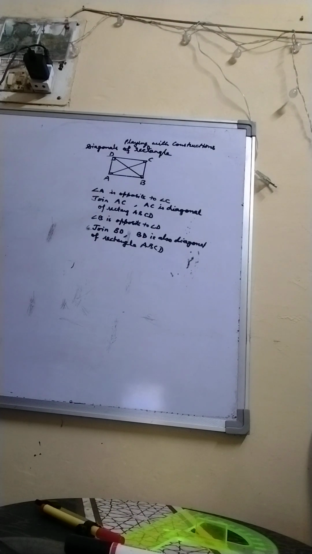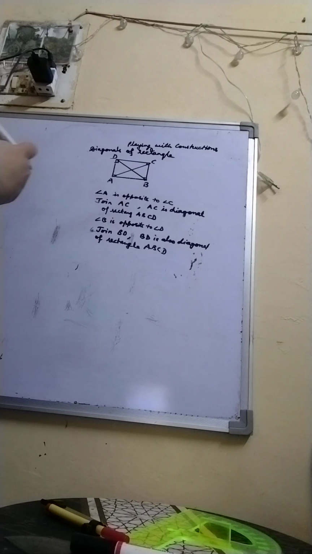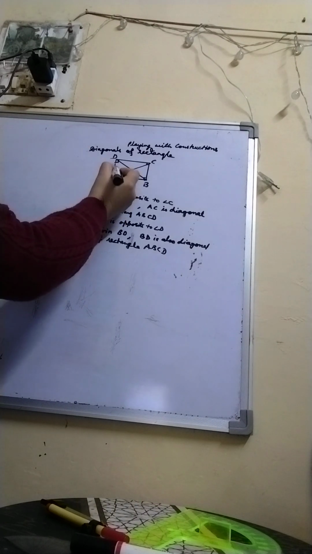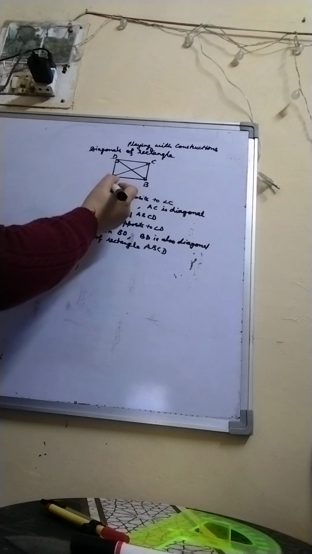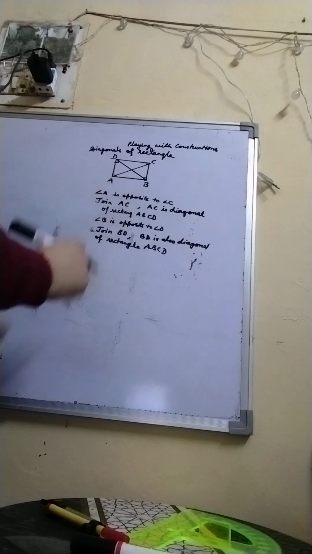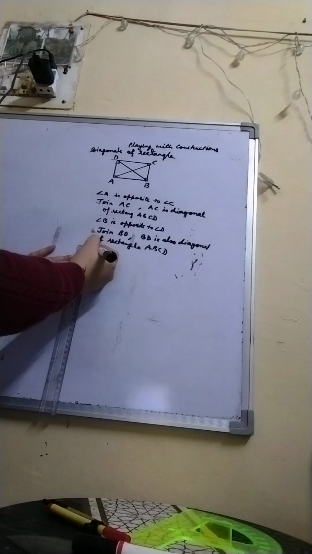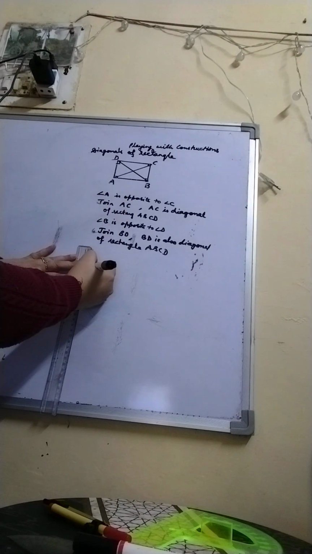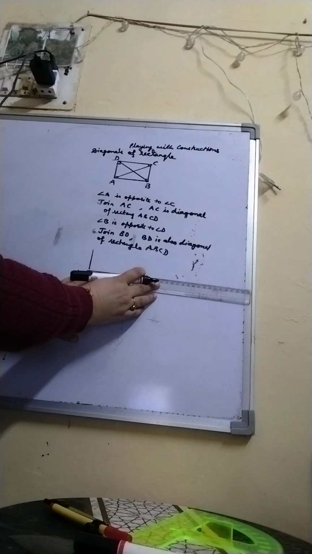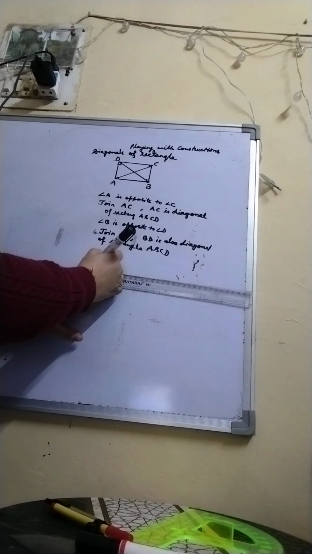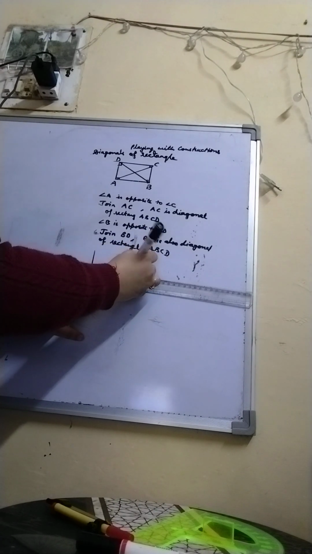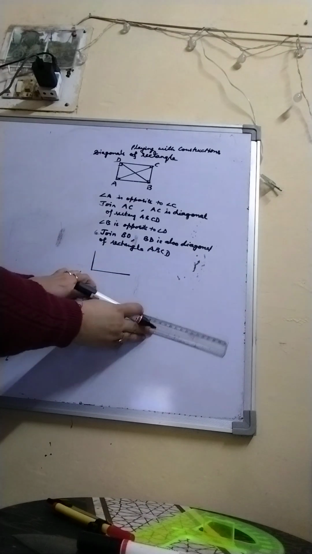Now we will do some basic concepts regarding this. See here, if I take only two sides of this rectangle, that is 4 centimeter and 7 centimeter. Okay, only two sides, 4 and 7 centimeter.